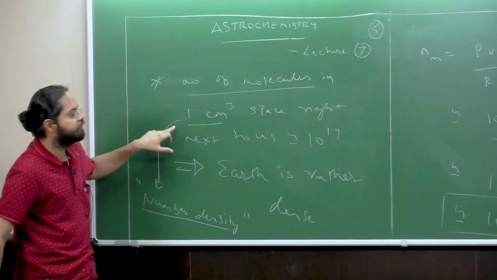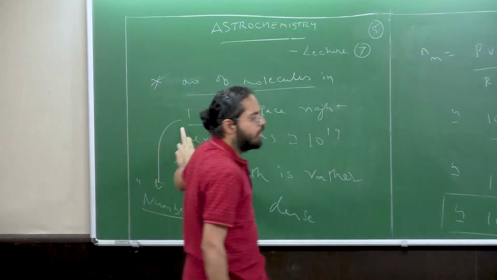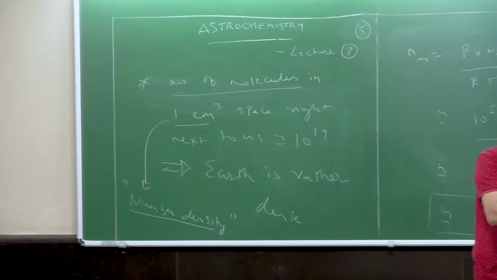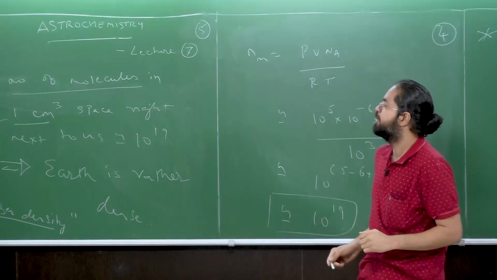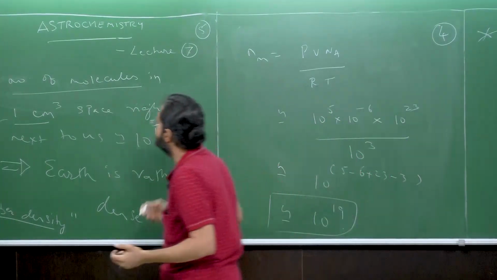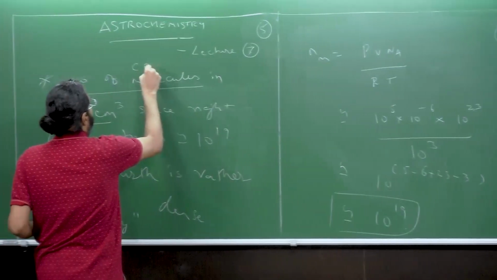So please make note. The number of molecules or number of particles can be molecules, atoms, elements, anything. The number of species present. I'll just put it as particles more generally.